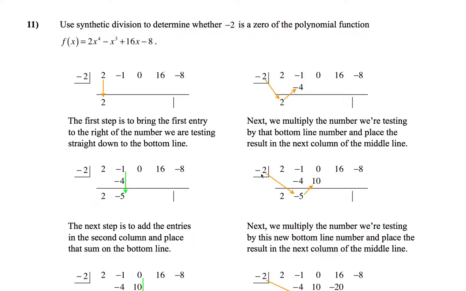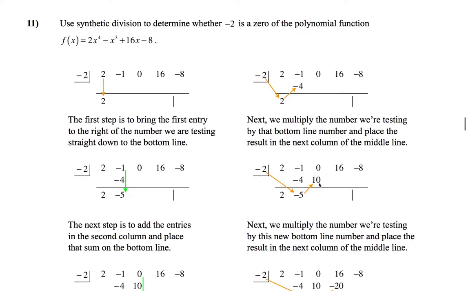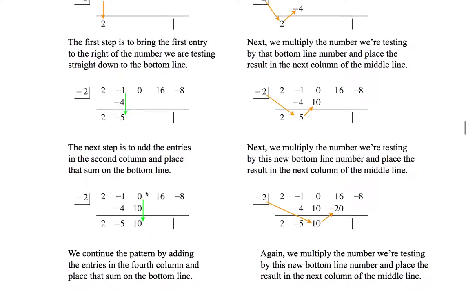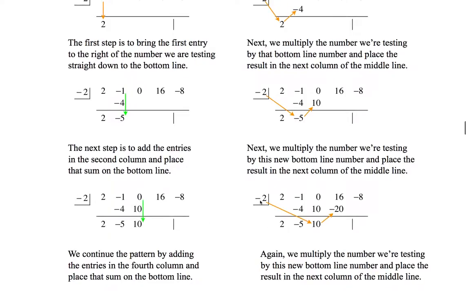Next, we multiply the number we're testing by that new bottom line number and place it below the next empty place on the line above this summation line. So -2 times -5 is 10, and then we add that column and place the result at the bottom. So 0 plus 10 is 10. We continue this pattern by multiplying -2 times 10, which gives us -20.